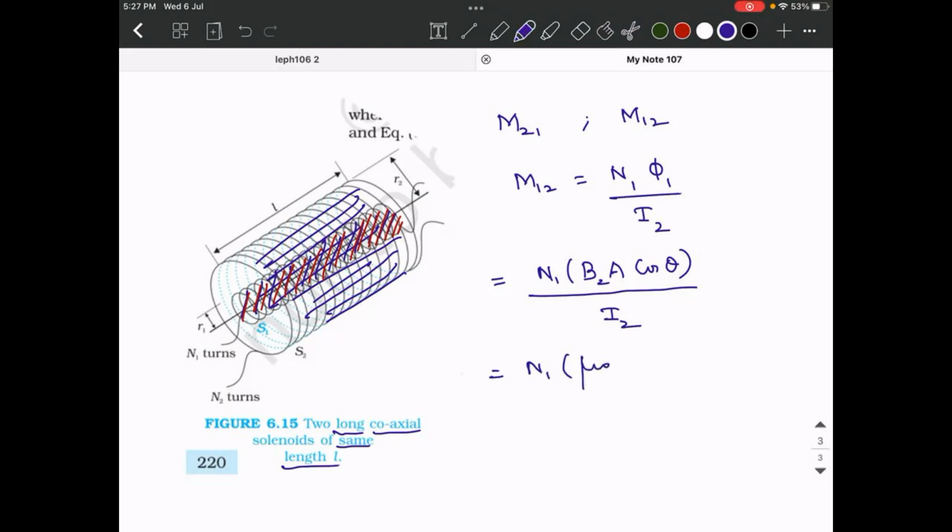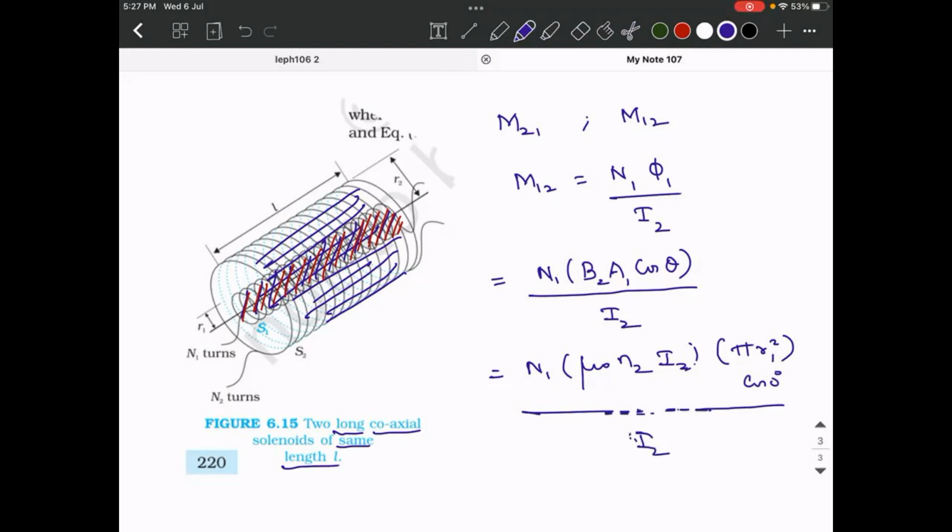Mu naught small n2 into I2 multiplied with the area of the first coil, that is pi r1 square, into, what is the angle between the magnetic field and the area vector? Magnetic field and area vector in this scenario are again in the same direction, so cos 0, the whole divided by I2.